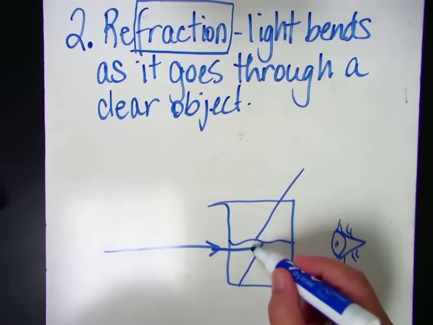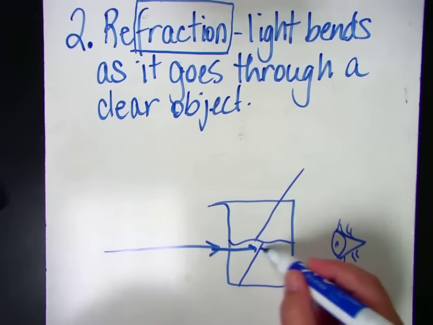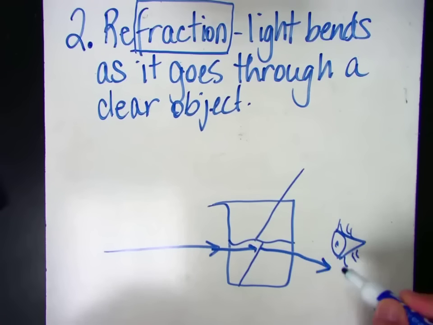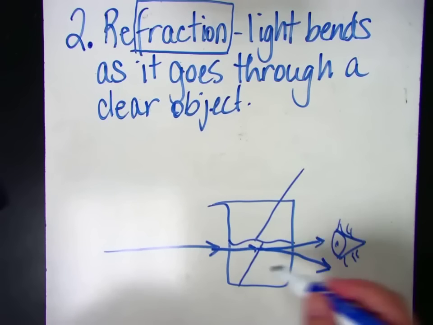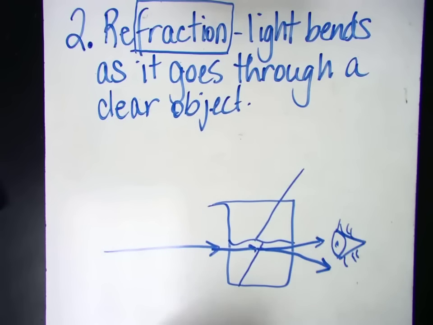So the light goes through the water and then it's bent. And when the light hits your eye after it's bent, it shows that the pencil is broken.